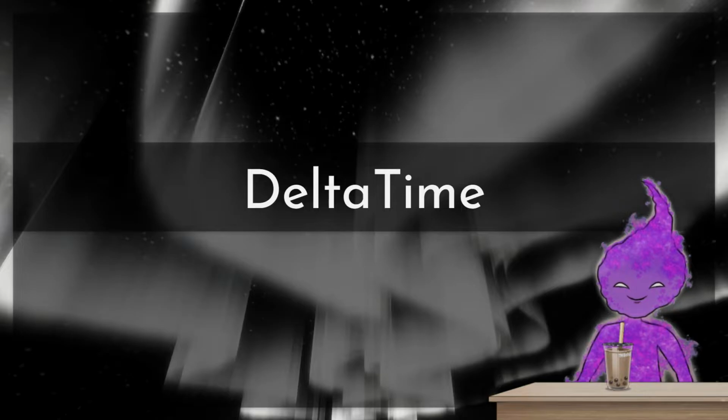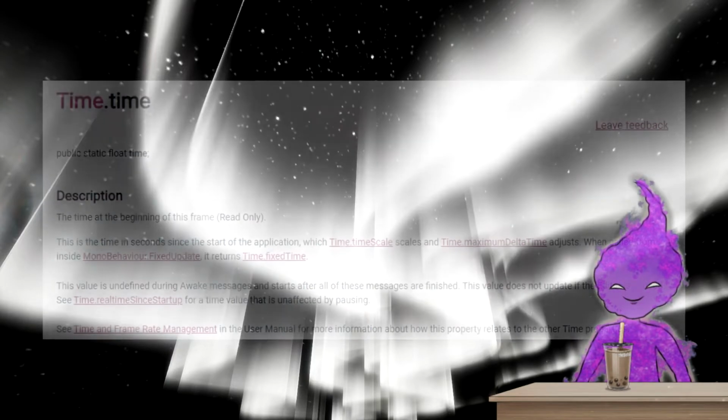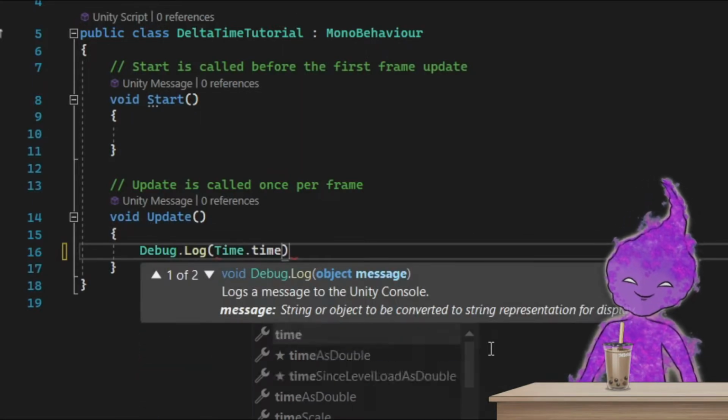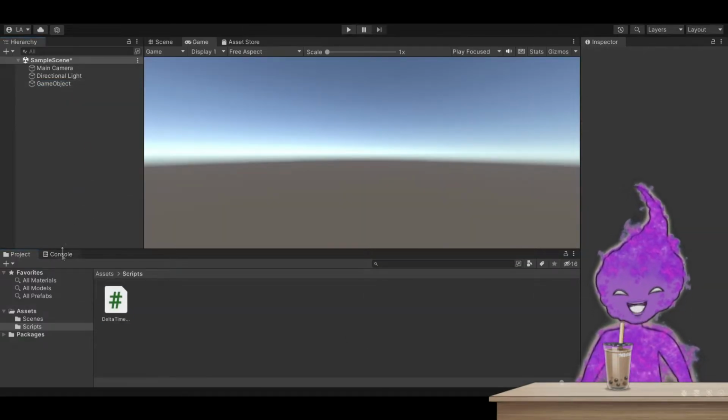But what is delta time? In Unity, we can get the current elapsed time in seconds since the start of the application by calling Time.time. We can try to debug the time value of each frame using the Update method, since the Update method is called each frame.